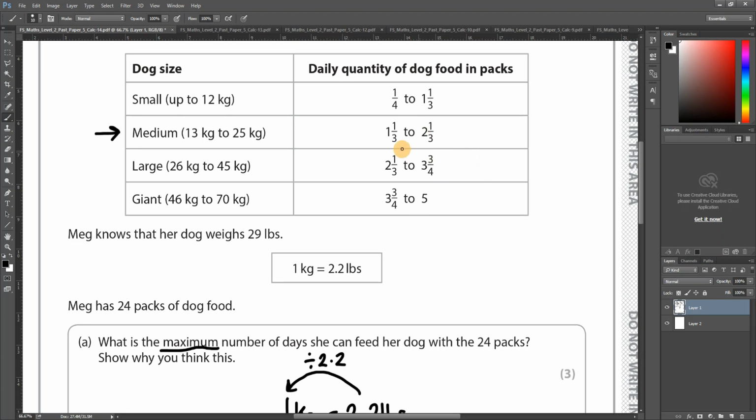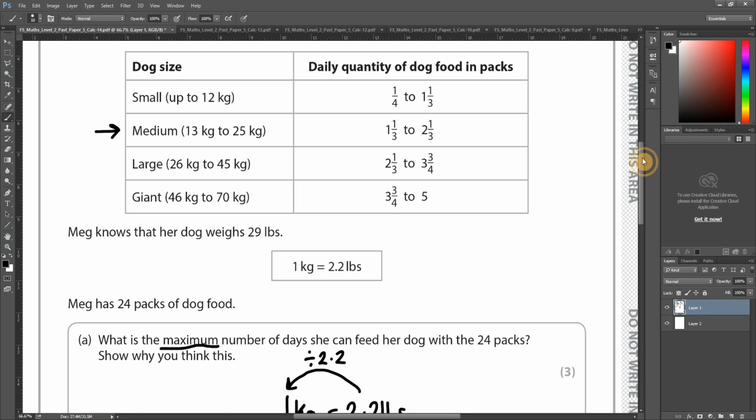Okay, so basically we're gonna have to divide either this or this into 24. So I reckon if you divide by the smaller number, you're going to get a bigger answer. If you divide by a bigger number, you're going to get a smaller answer. But we want a maximum, so we want the largest possible answer.